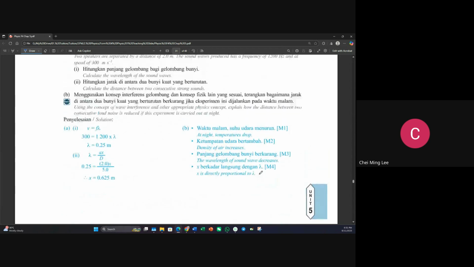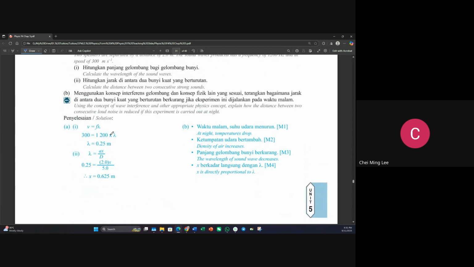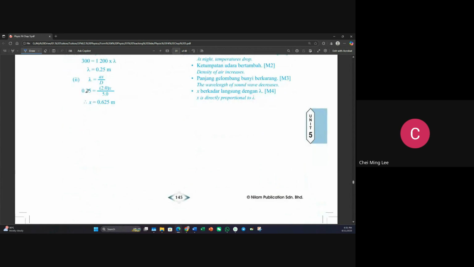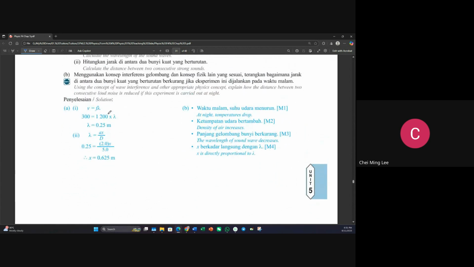First, we use v equals f lambda. V is 300, f is 1200, so lambda is 300 over 1200, you get 0.25 meter.